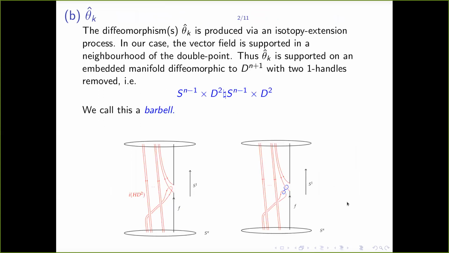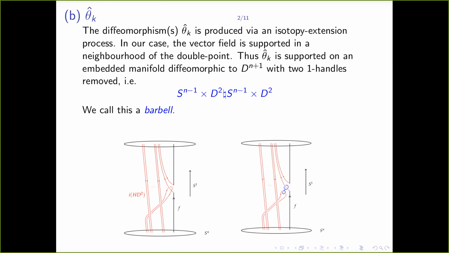And now what I want to do is give you a way of thinking about the theta k hats. These theta k hats are produced by an isotopy extension process of solving an ODE, right? The idea is that the sphere of embeddings, instead of thinking of it as a sphere, you think of it as a disk with the boundary collapsed.